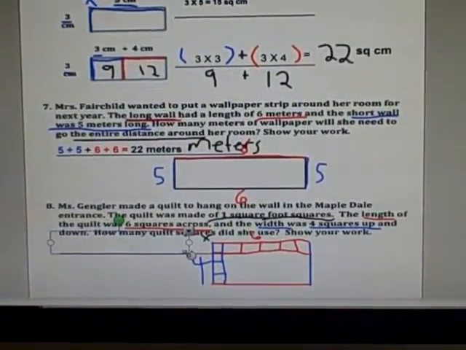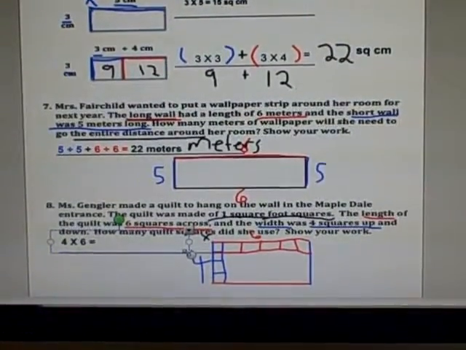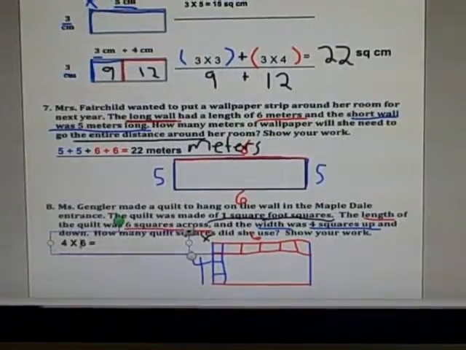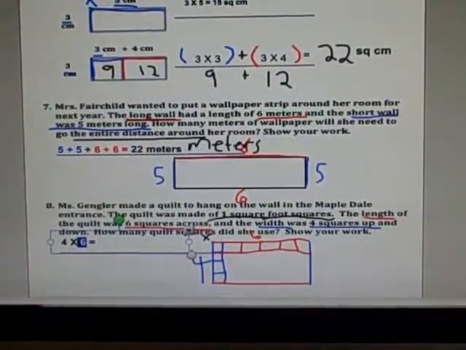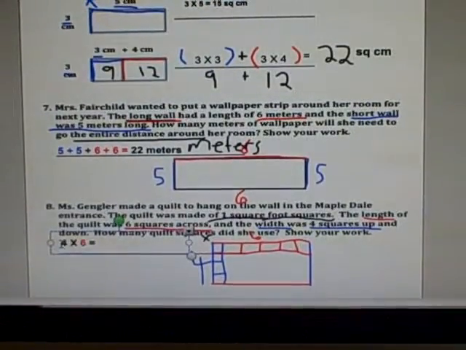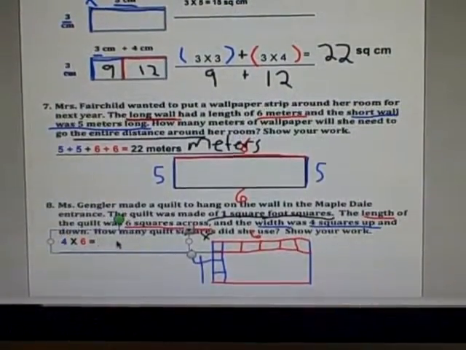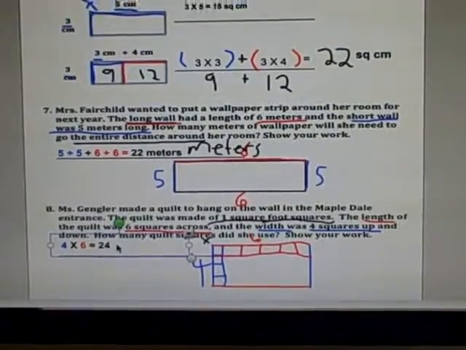And then we're going to say 4 times 6. 6 was the red. 4 was the blue. And what is our total amount of quilt squares? That's right, it's just a fact.